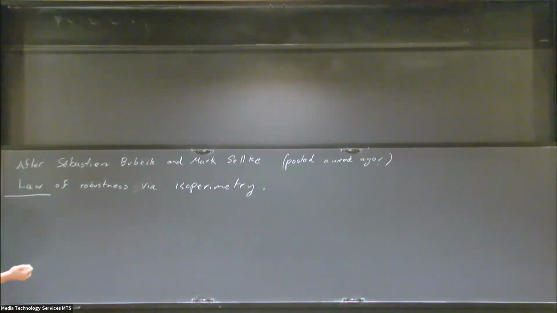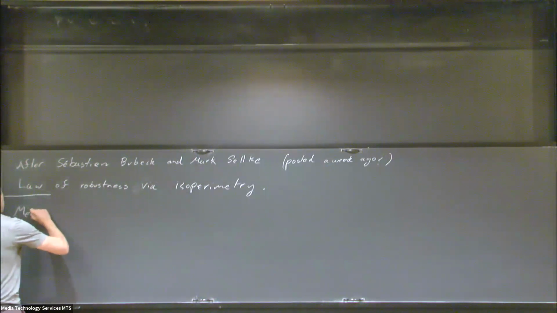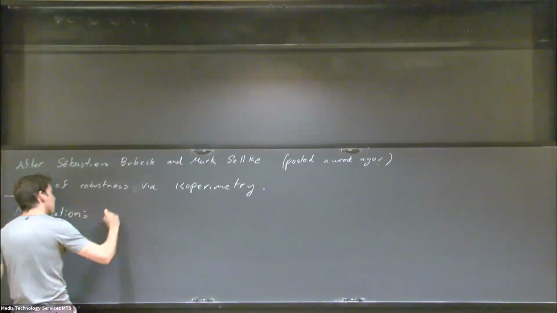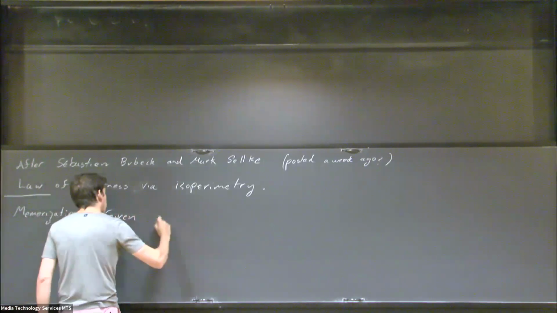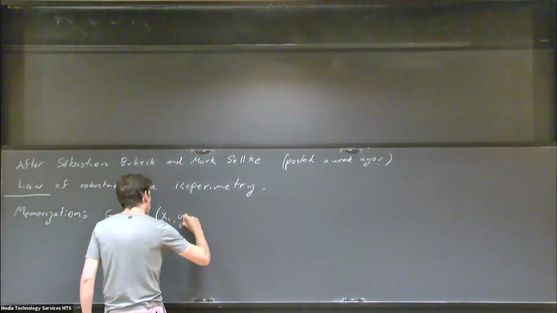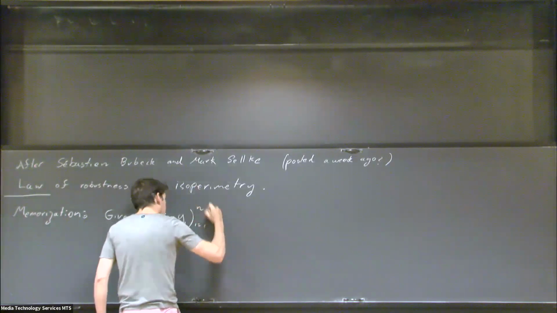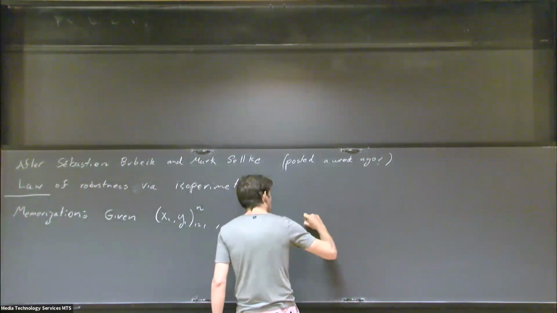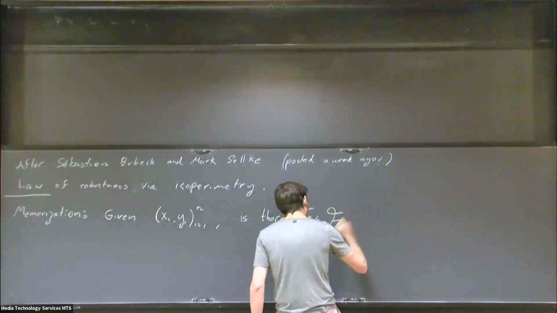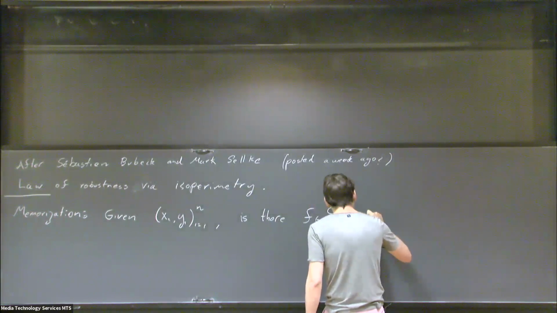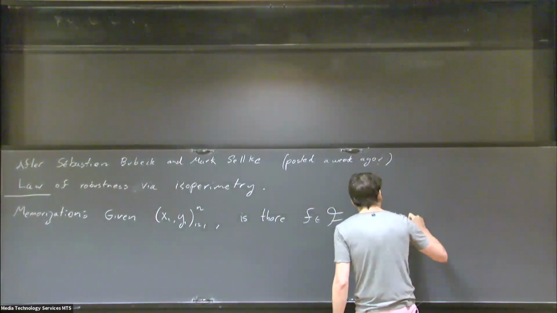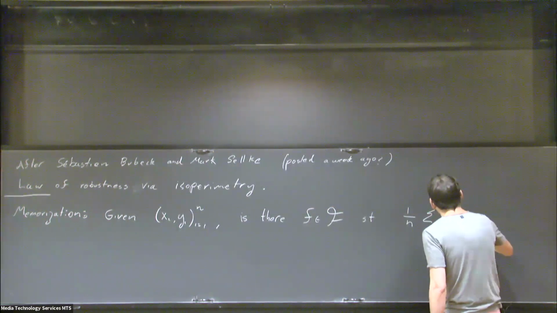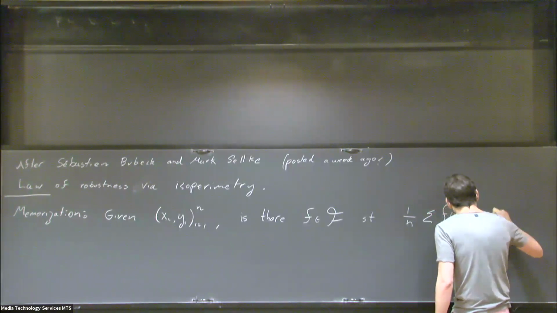So what's memorization? Memorization is just, given the data points xi and yi, is there a function f in our class such that f of xi is close to yi.